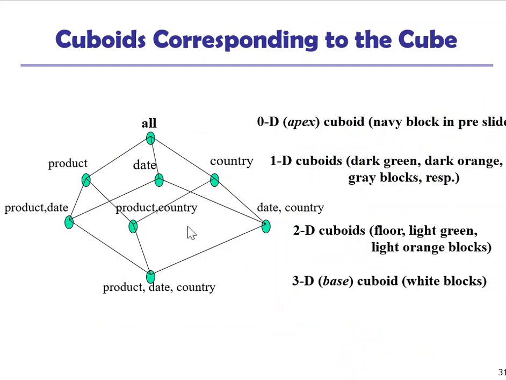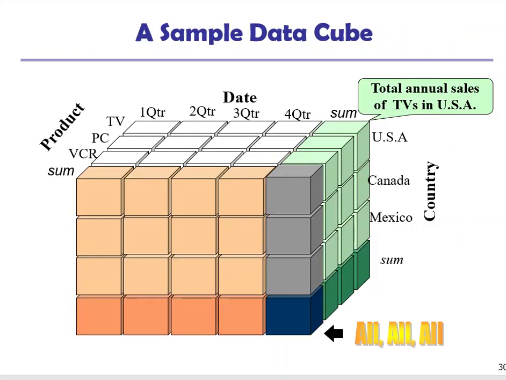The floor is harder to see, but we can look at the product and country dimension. If we look at the product and the country dimension, we have what? We basically ignore date. We're going to compute the sums for sales of TV in US no matter when that happens. So it gives us this block, right?